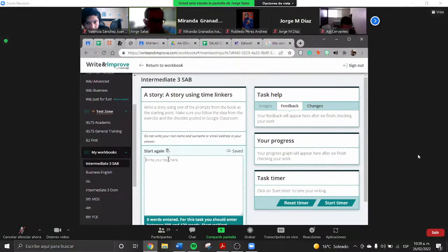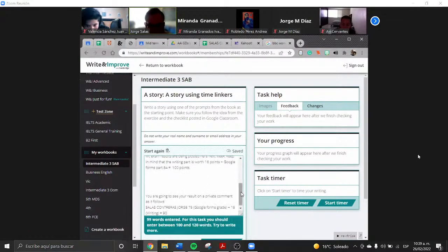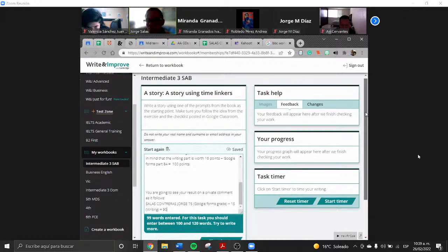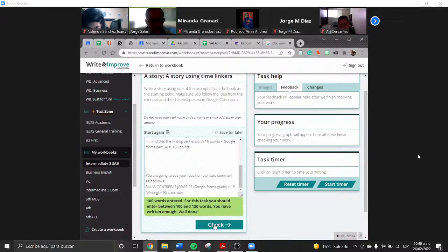I'm just going to paste something. It doesn't have to do with the story. As soon as I have this, it tells me 99 words entered. For this task, you should enter between 100 and 120. As soon as I have the 100, the minimum, the color changes. And I can click on this part where it says check.